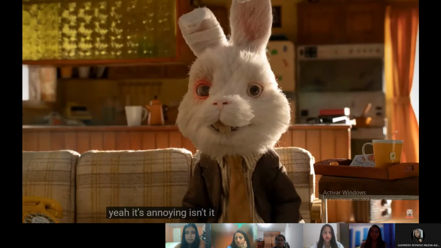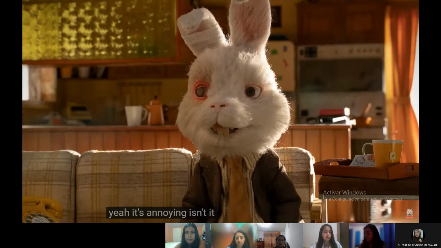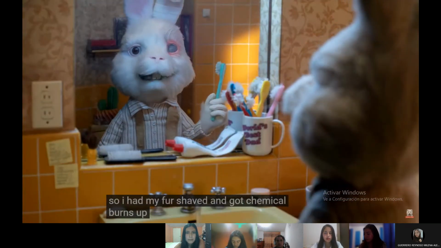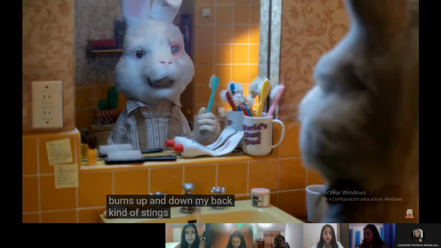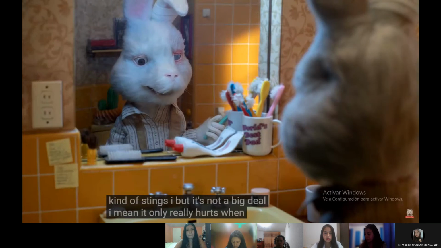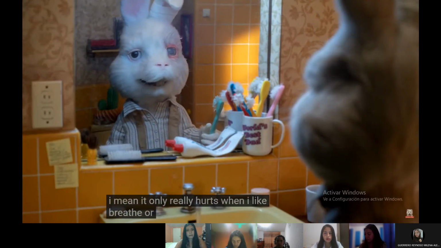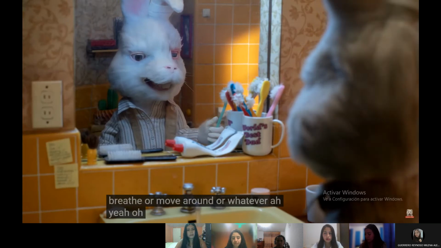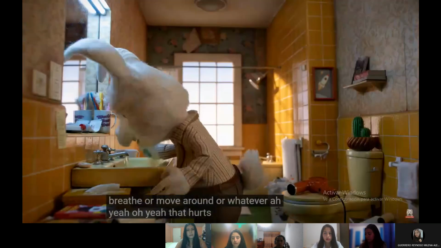Yeah, it's annoying, isn't it? So I had my fur shaved and got chemical burns up and down my back. Kind of stings, eh? But it's not a big deal. It only really hurts when I, like, breathe or move around or whatever. Ow. Yeah, that hurts.